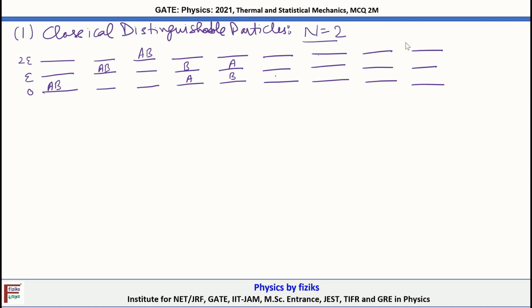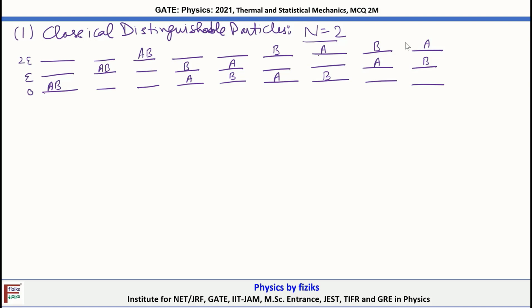In the next option, A in the ground state and second particle B in the upper excited state. The next possibility is A here and B here, then A here, B here, or A here and then B here. So these are the 9 feasible, or accessible, microstates for a system of 2 classically distinguishable particles.